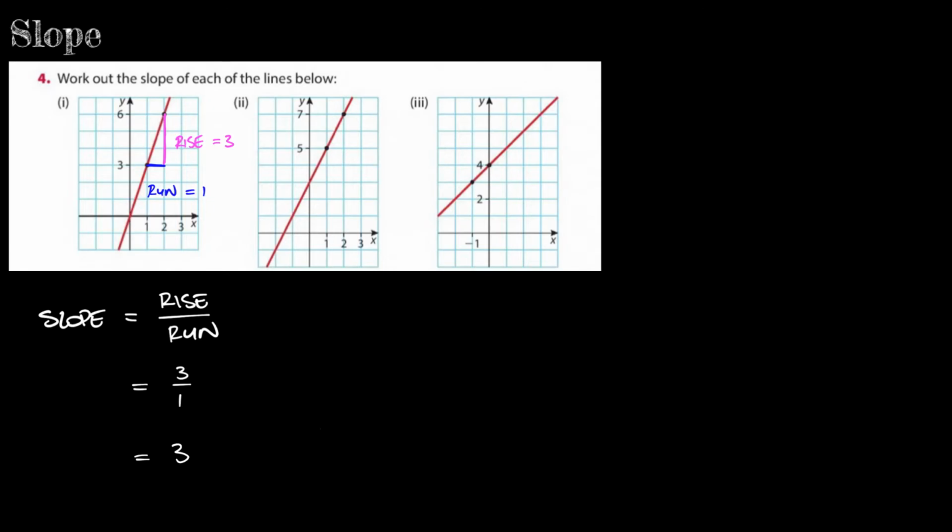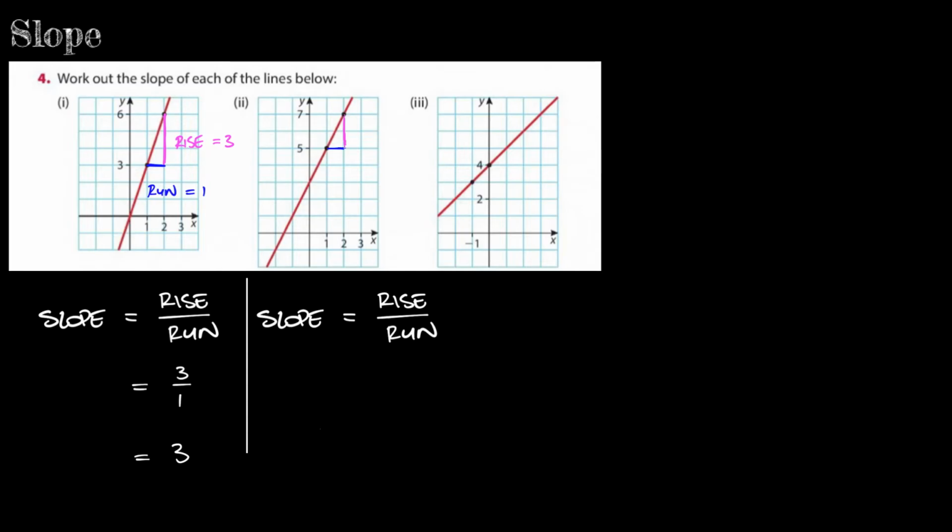So the next part there is going to be equal to rise over run again. So we need to work out what the rise and the run is. So if we have a look at that there, the rise is going to be equal to 2, and the run is going to be equal to 1, because the difference between these two here is just 1 unit.